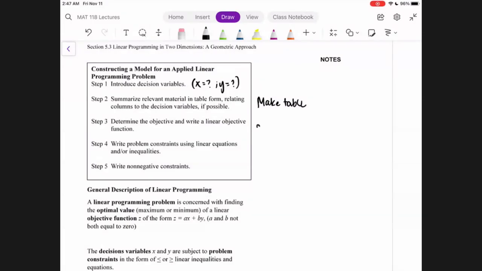Right, so what's your objective function? So it's like you're going to maximize or minimize what? Like in the previous problem, we wanted the max profit. Okay. What are your constraints? So the constraints from the problem, and then the non-negative constraints.